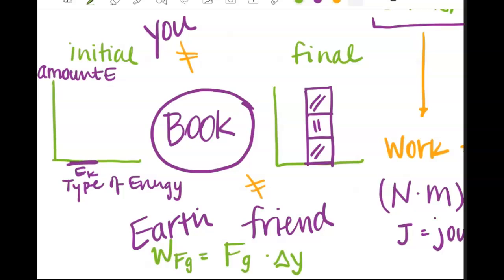So I'm going to draw some blocks going into the book system. And if I have 0 blocks here and 3 blocks over there after the interaction with the earth, then this must also be 3 blocks of energy inserted. We're going to do some work on the system, and work changes the energy. So this work done by the gravitational force is equal to our change in energy.